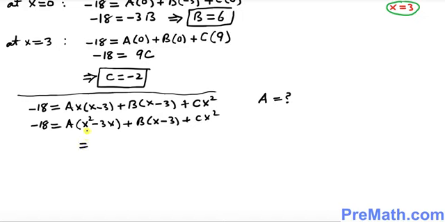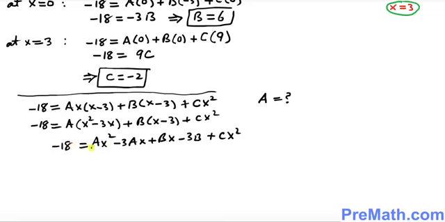I want you to just look at this x square and this x square. Let me just go ahead and distribute it. So ax square minus 3ax plus bx minus 3b plus cx square, and we got negative 18 still outside.